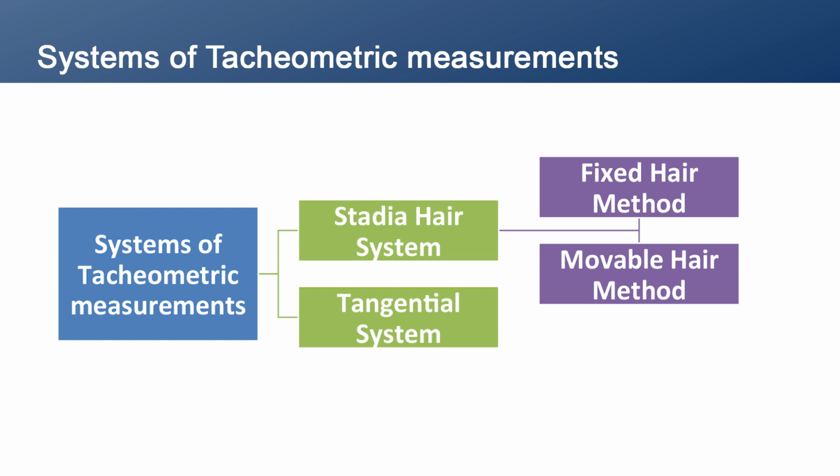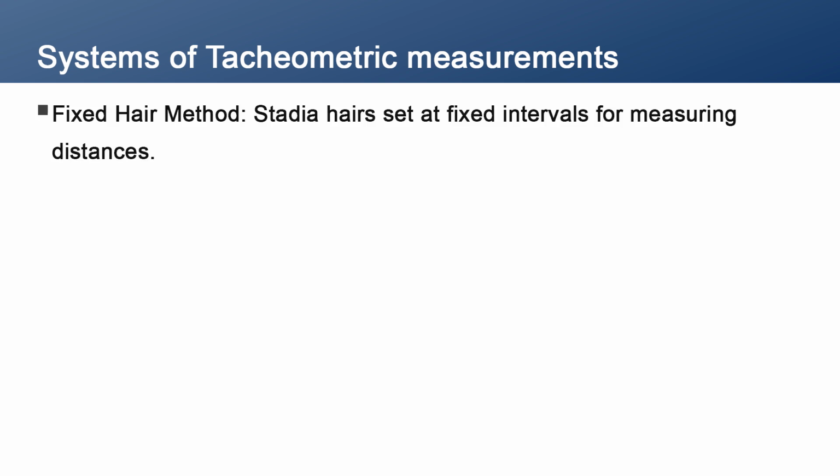The stadia hair system can be divided into two methods, that is the fixed hair method and the mobile hair method. The fixed hair method within the stadia hair system involves setting the stadia hair at fixed intervals. This fixed hair method can be used effectively even when horizontal sights are not possible.